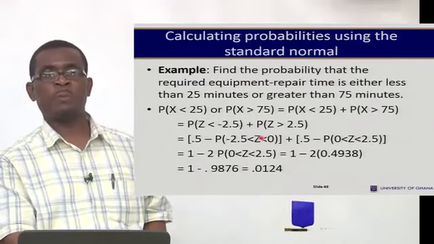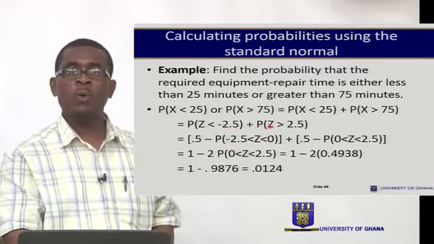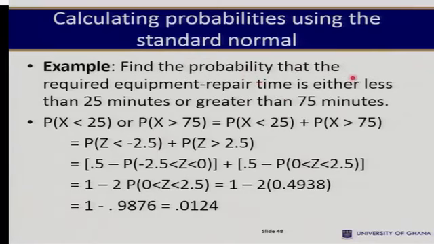This is yet another example. Once you understand the basics, irrespective of how the question is twisted, you can always calculate the probability. So this one is to find the probability that the required equipment repair time is either less than 25 minutes or greater than 75. So it's still the OR rule, so addition. It's less than 25 or greater than 75. Because these are mutually exclusive, you add them. Less than 25 has Z counterpart Z less than minus 2.5.